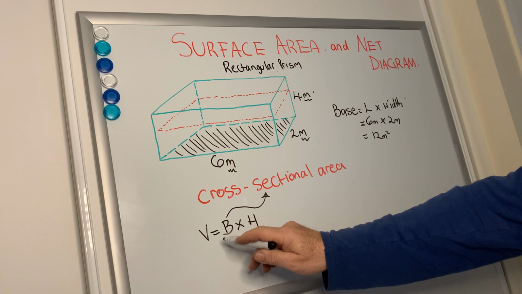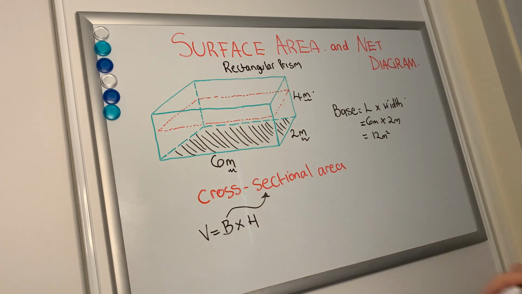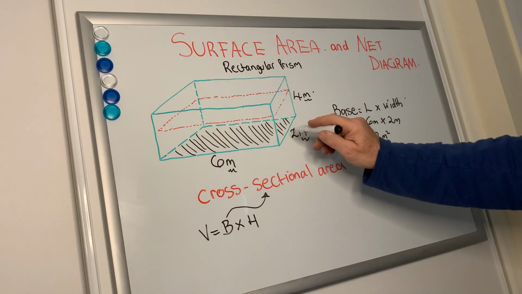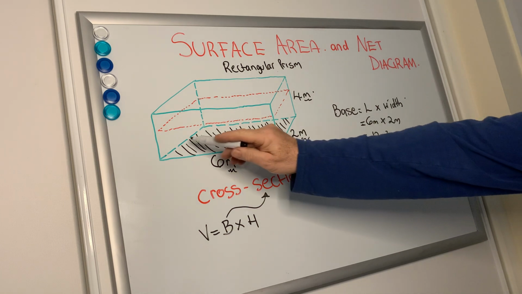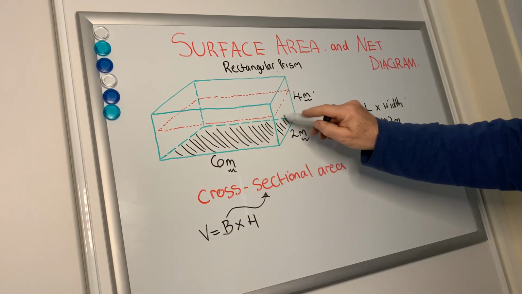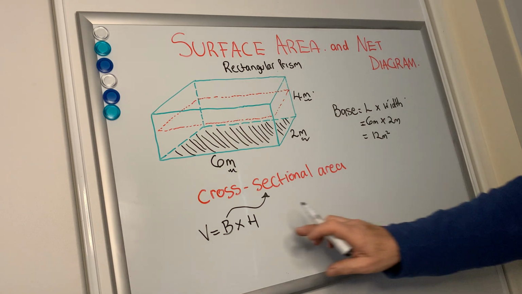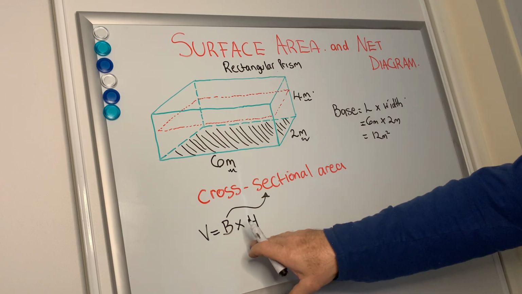You find the cross-sectional area of the rectangular prism, and then you simply multiply it by the height. That's the other way of working it out, and it's probably a great way of remembering it.